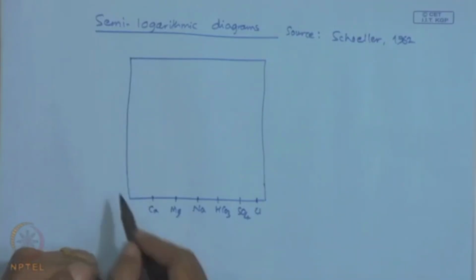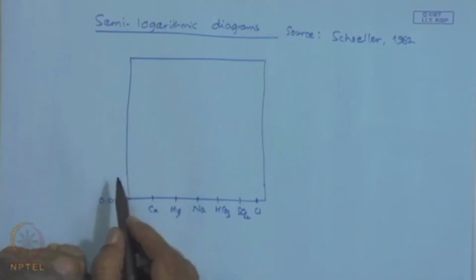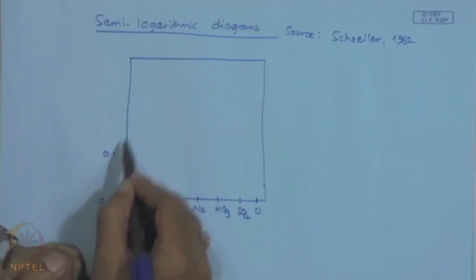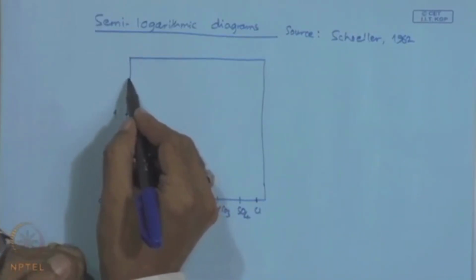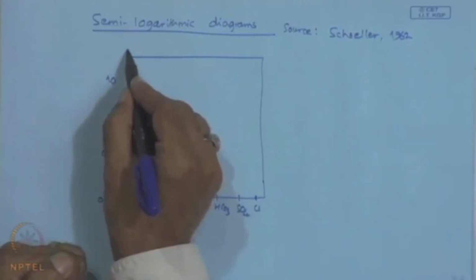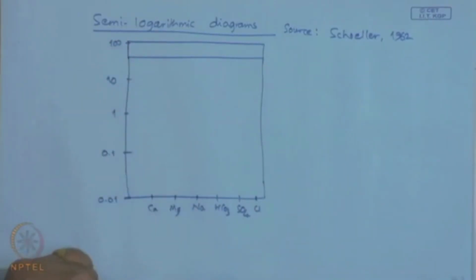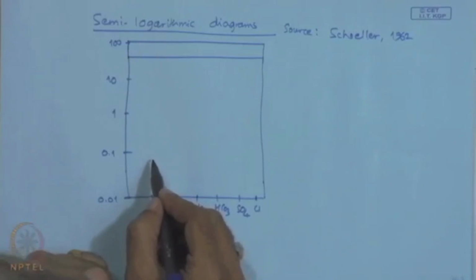And here, the vertical line represents the concentration in a logarithmic axis. So this is 0.1, this is 1, and this is 10, and maybe here this is 100. So it could be, say, for one sample.